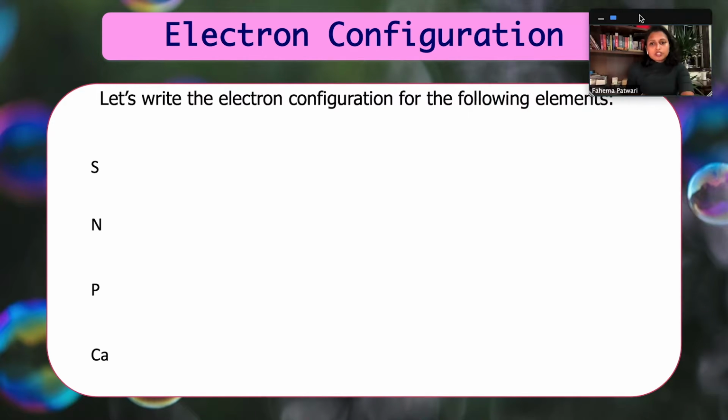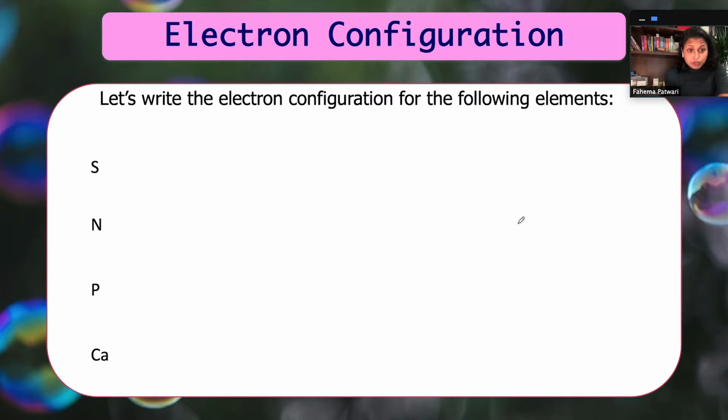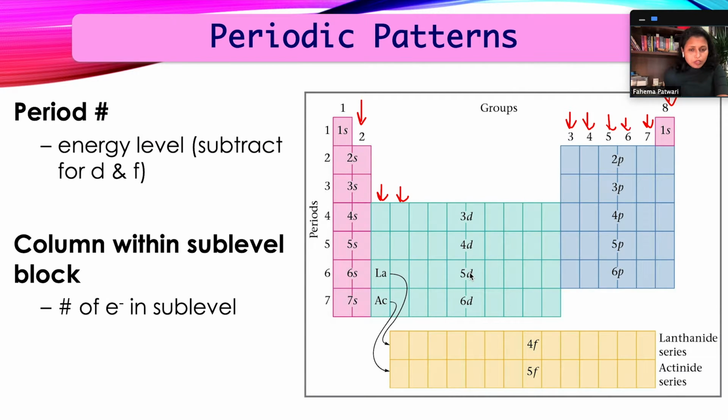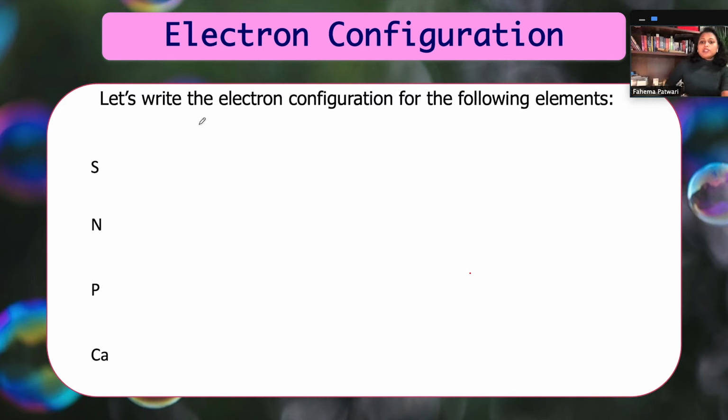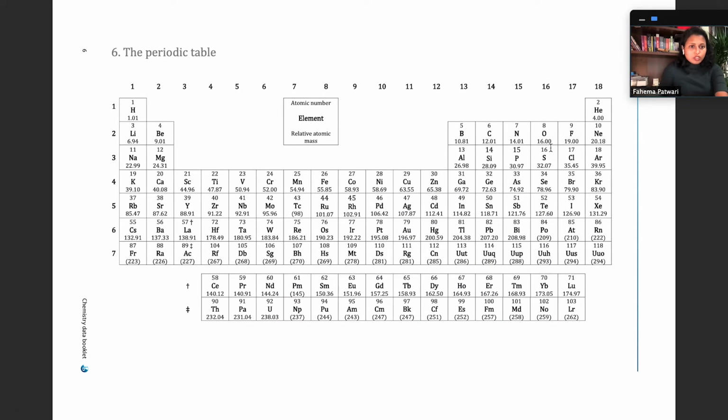Okay, so let's write the electron configuration for the following elements using that same thought process. All right, so sulfur. Sulfur is over here. So it's going to be 1s2, 2s2, 2p, fill it up to 6.